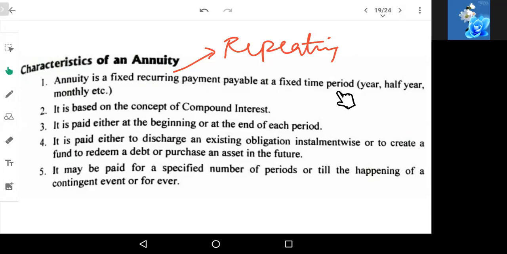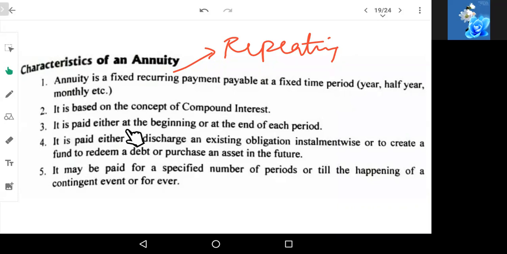Every half yearly, monthly, yearly, quarterly, like that, they keep repeating the same payment. Then annuity is based on the concept of compound interest. That is why we learn compound interest first, because annuity is the concept of compound interest.